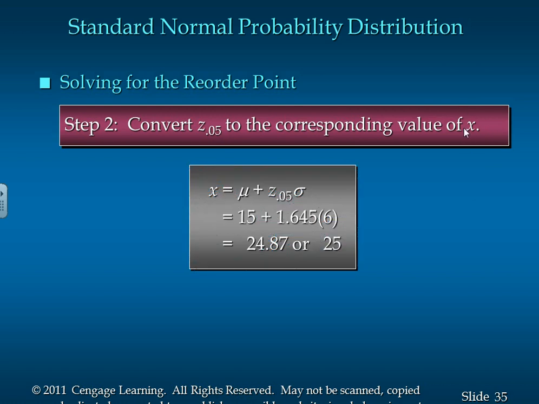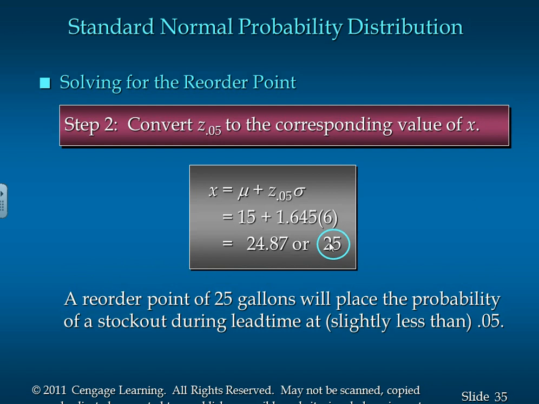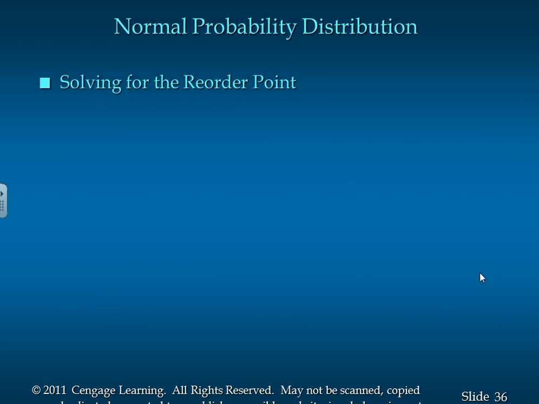Now we've got to put it in a normal value. We use the formula again that we had before, and we come up with x is 25 gallons. So if I reorder 25 gallons every time, I'll only run out 5% of the time. That's what that's trying to tell me. Solving for the reorder point.